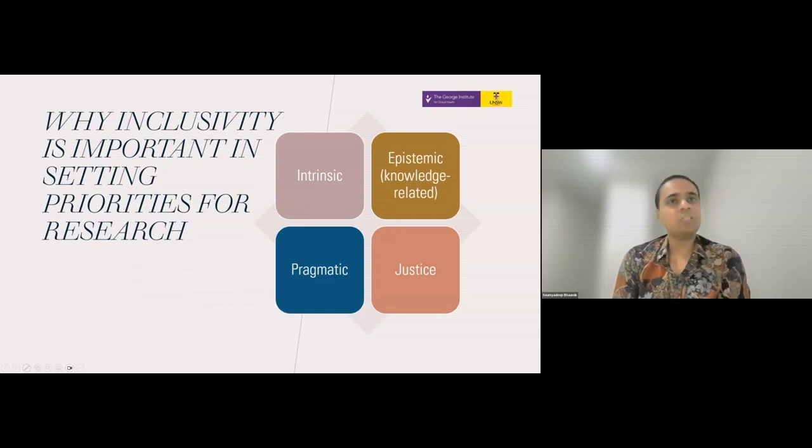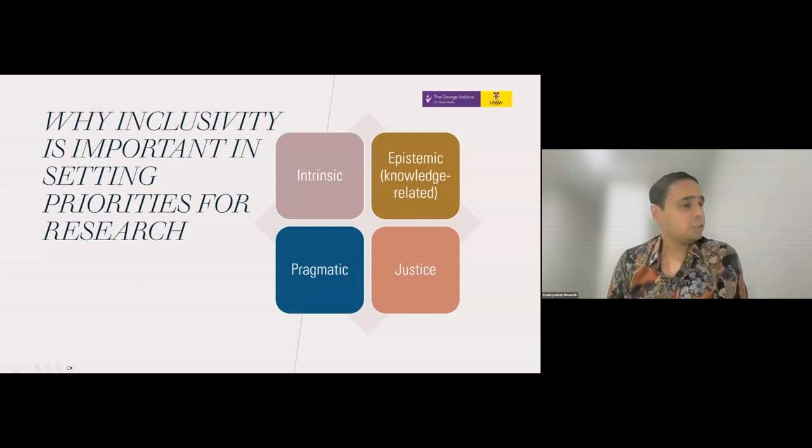And the last important reason for inclusivity is justice. We know that the world is not equal. Human society has never been, and it will never be too, probably. But inclusivity is a methodology, an approach to actually try to mitigate that and balance that out. And justice is something which is cross-cultural in nature and every human identifies with. So that's why it's quite important to do that.